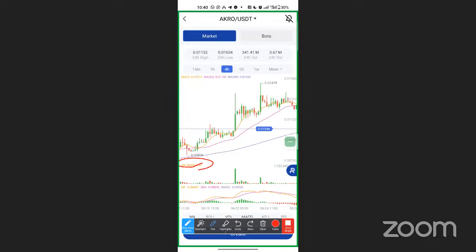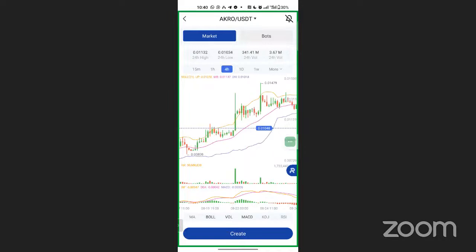But let me change my approach a little bit, because volume might confuse a lot of people. So the MACD and the moving average could be so far so good.